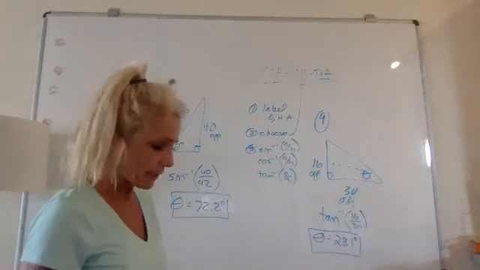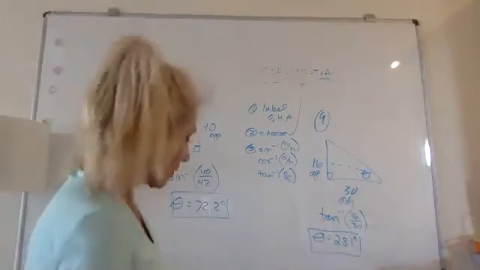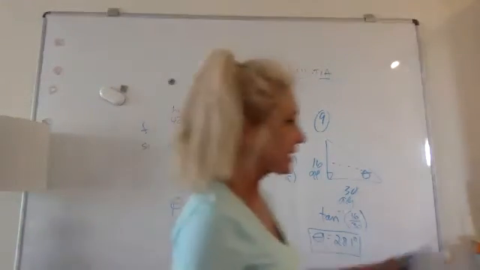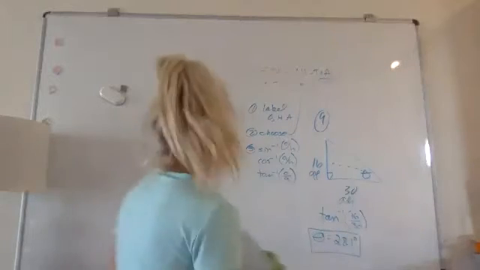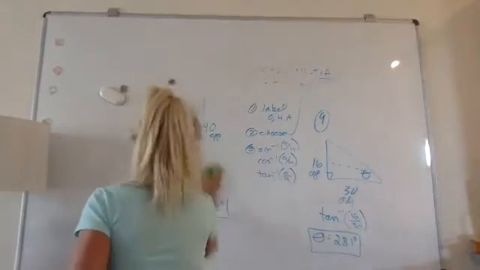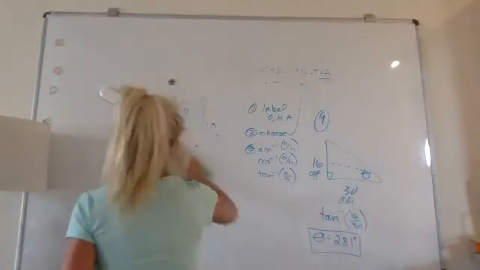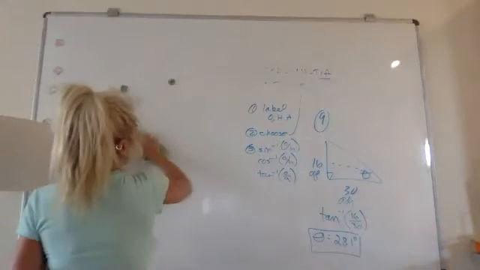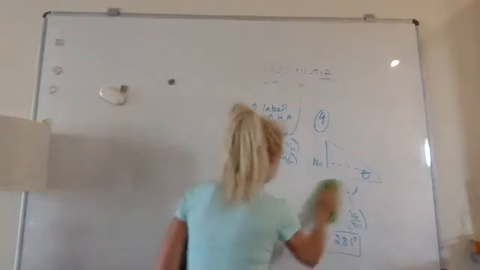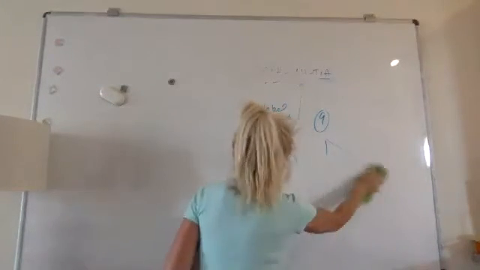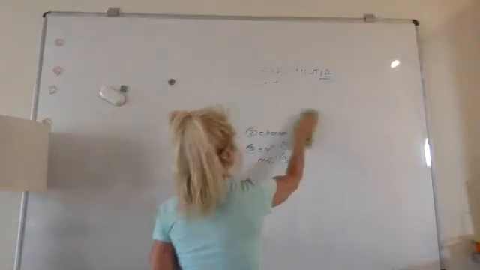Dead silence. Okay. So, what this is leading to basically is solving triangles. What that means is you got to find all of the angles and all of the sides.